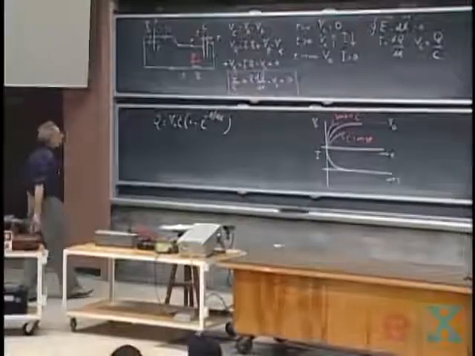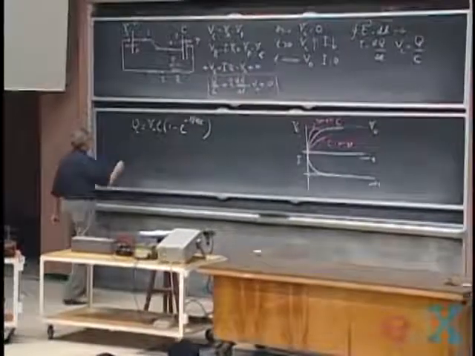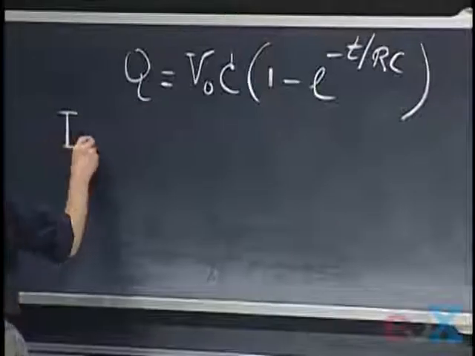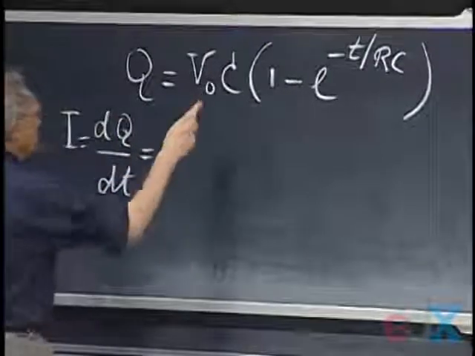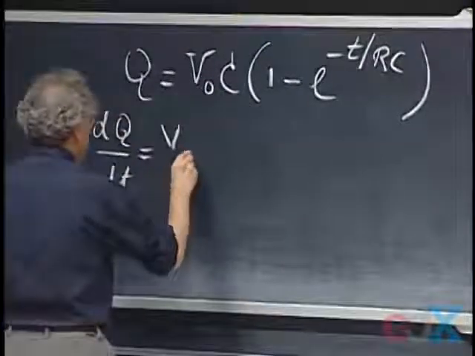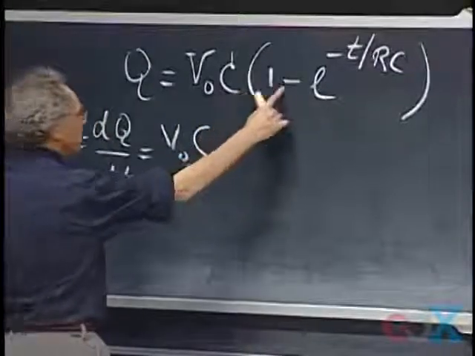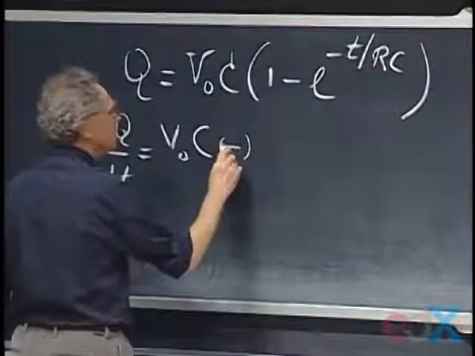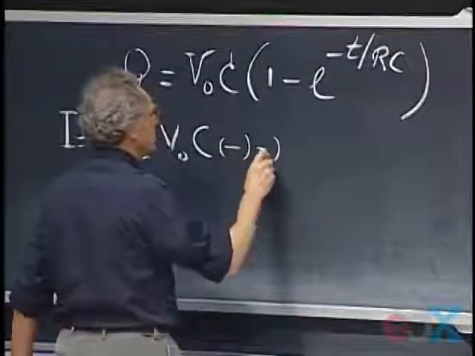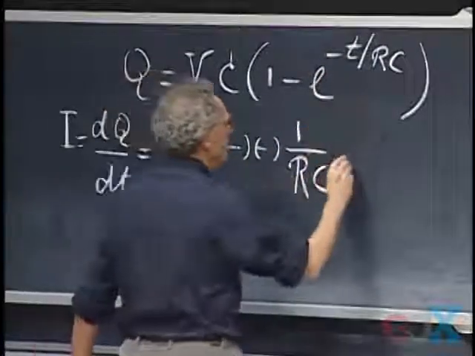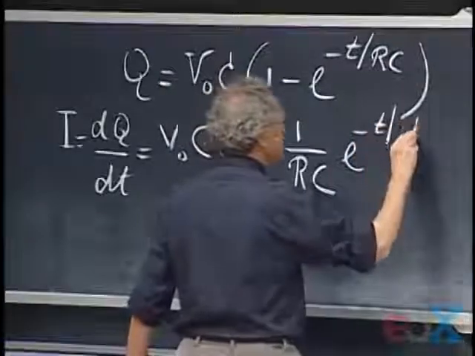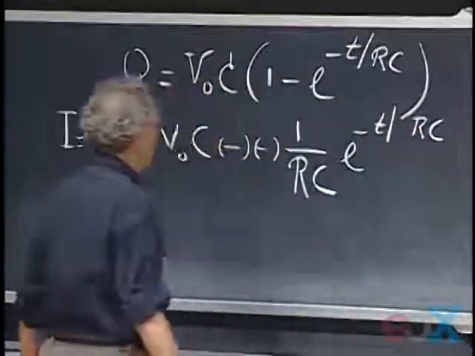If I take the derivative of this Q, then I have I, because I is dq dt. So I, which is dq dt, then becomes V0 times C. I get a minus sign. I get another minus sign. Then I get 1 over RC. And then I get e to the minus t divided by RC.